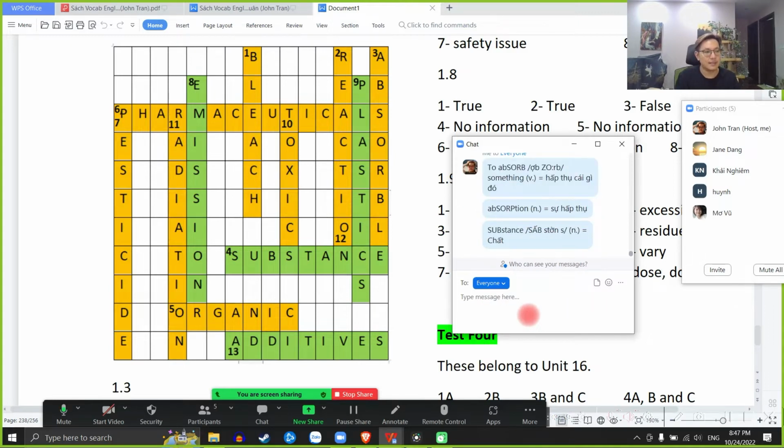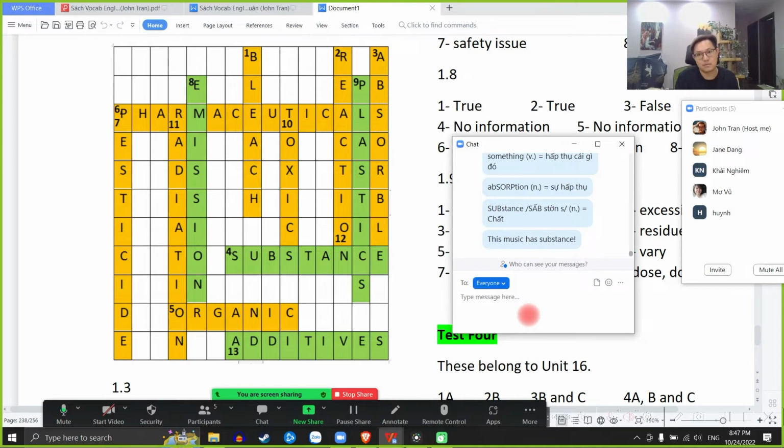So basically the word substance can also be used in other aspect, in other situation as well. Một số tình huống khác mình có thể dùng cái chữ chất này bởi nhiều cách khác. Nói là người này có chất nhỉ, nhạc này chất nhỉ. So if you say this music has substance, it means that the music is really good.